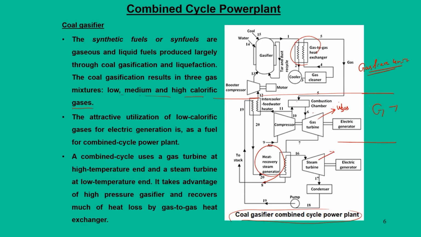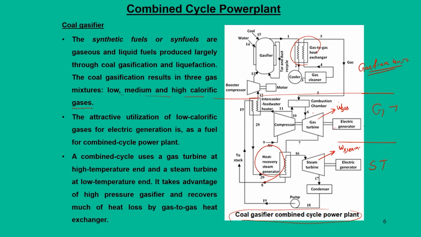Here we get steam power output from the steam turbine unit, and power production can happen from the gas turbine unit and from the steam turbine unit. Essentially this is a combined cycle mode of operation, which integrates a coal gasifier unit with steam and gas turbine systems.